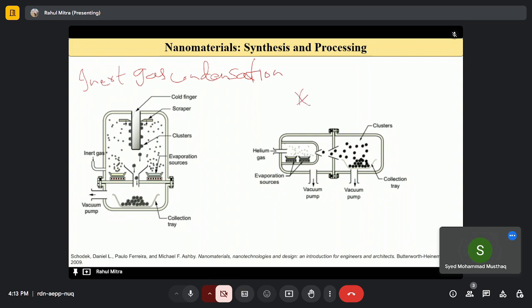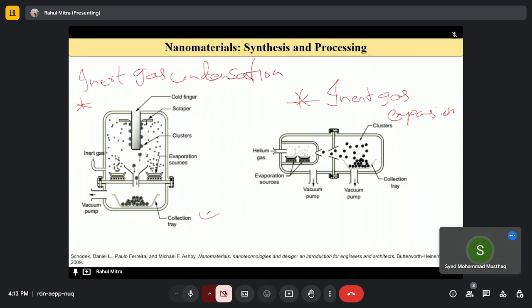And the same process, but the name will be different. Here it is inert gas expansion. The first process is inert gas condensation. We have a heater, we vaporize the material, and the material gets cooled on a surface called a cold finger, and then we collect it in the bottom of the tray.